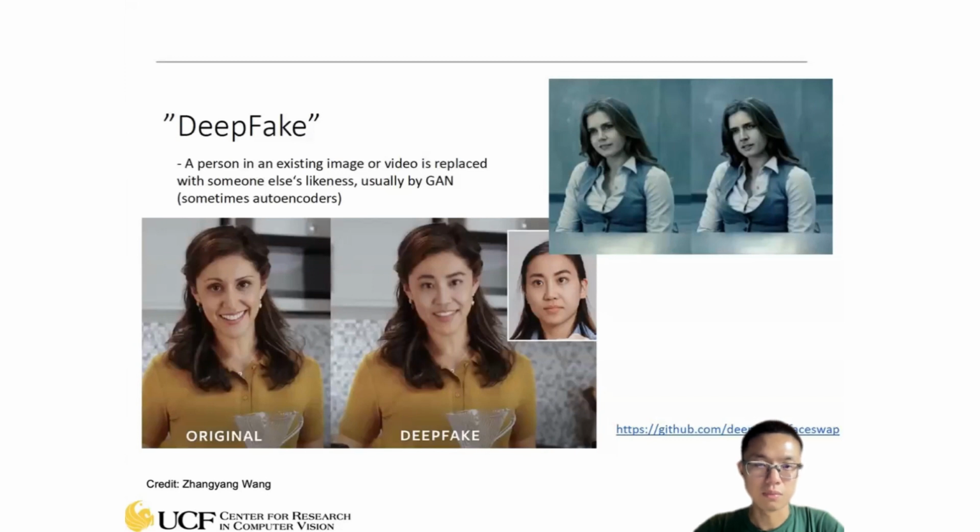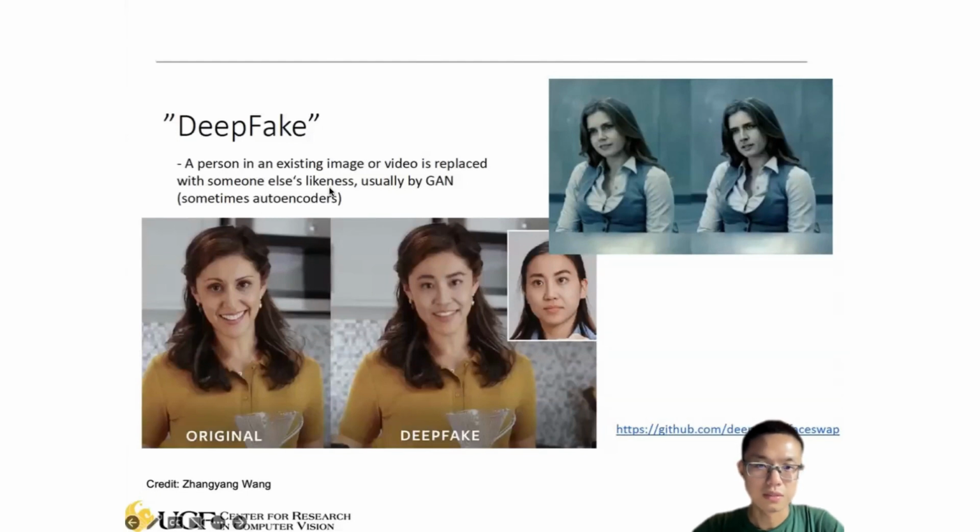So this will raise some concerns, right? Because if this kind of technology gets into the wrong hands, this could cause some disasters, right? Maybe a person releases a fake video, maybe of the president making some fake announcement on the news, right? This will cause panic, right?